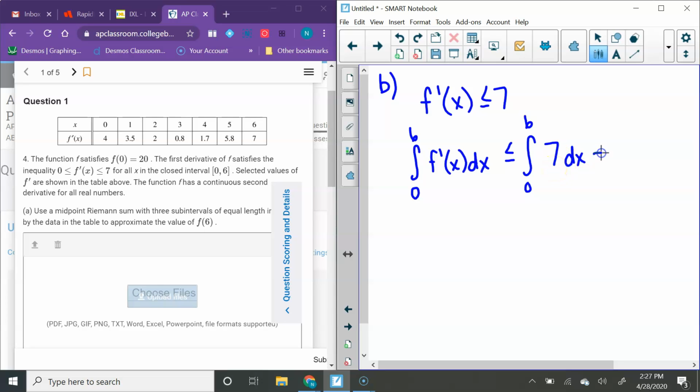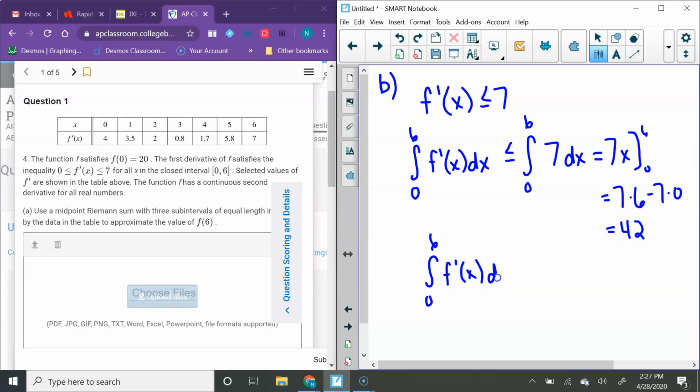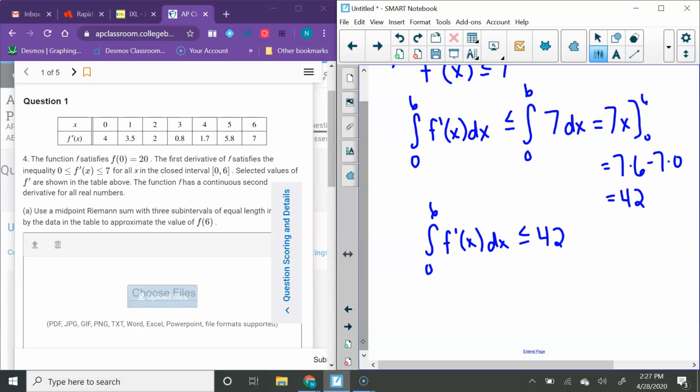And so if we integrate that, we'll get 7x from 0 to 6, which is just going to be 7 times 6 minus 7 times 0, which is 42. So that tells us that the integral from 0 to 6 of f prime of x dx has to be less than or equal to 42. The biggest it could possibly be is 42.